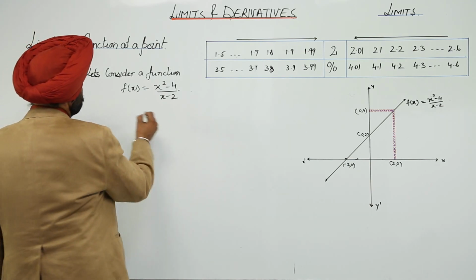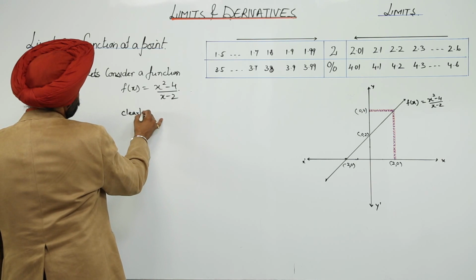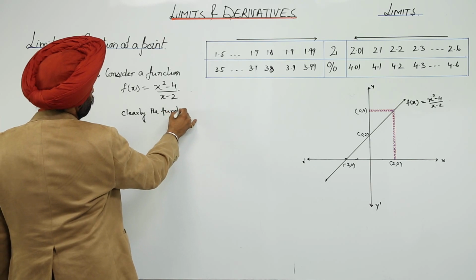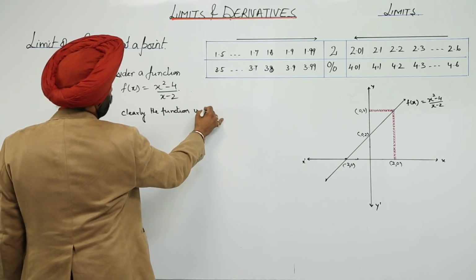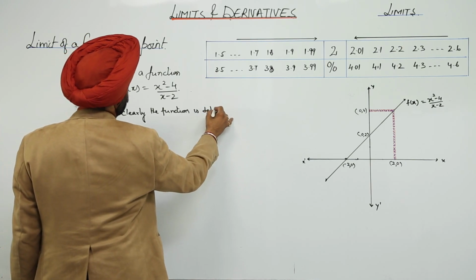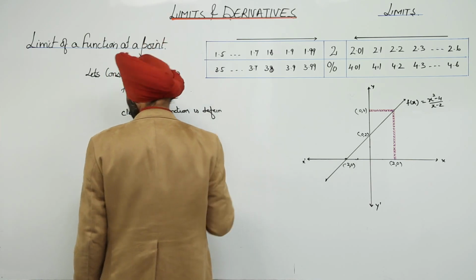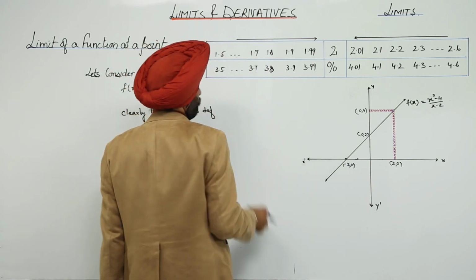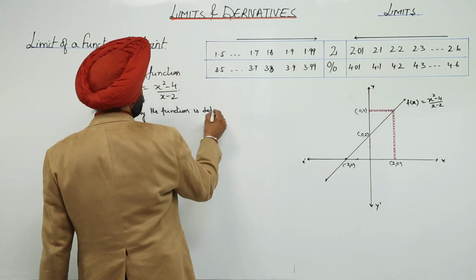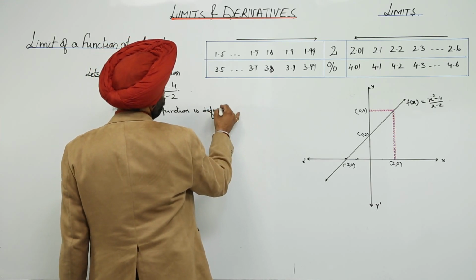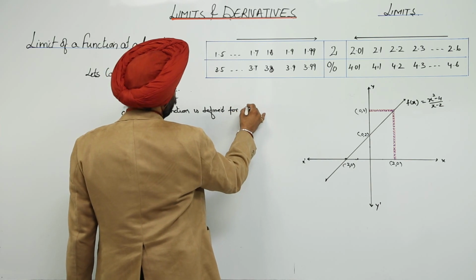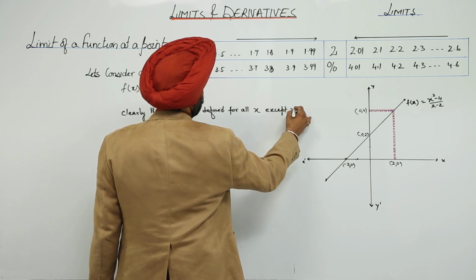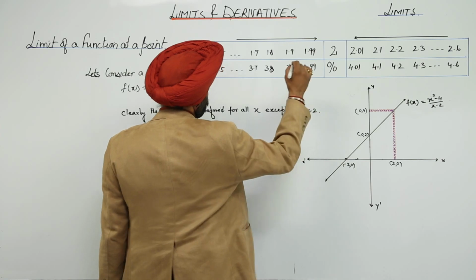Clearly the function is defined for all x except at x is equal to 2.